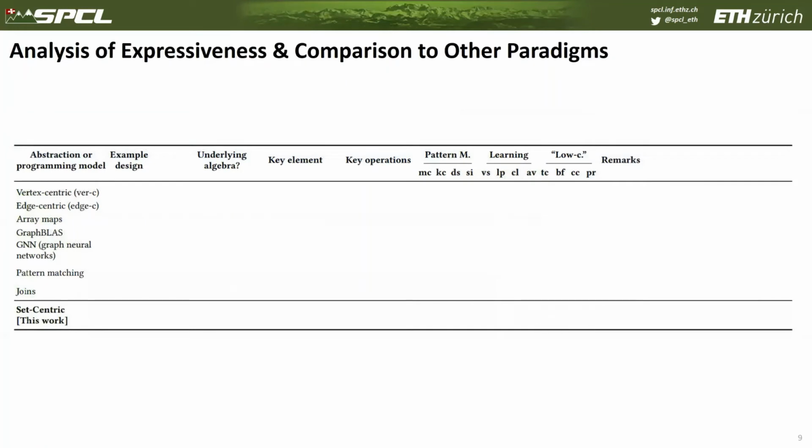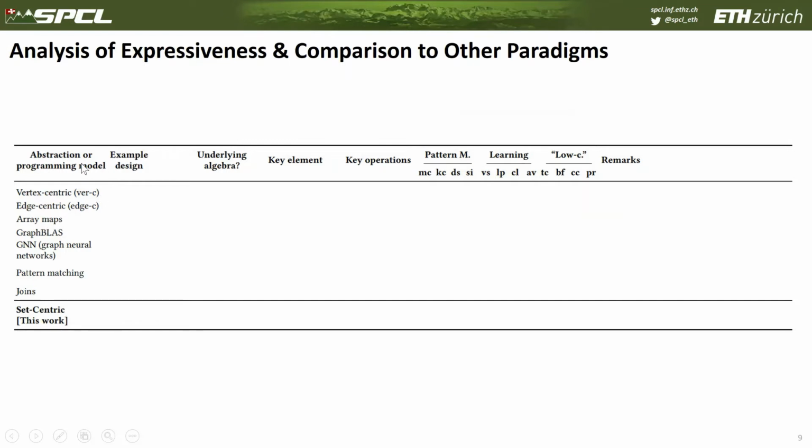We analyze the expressiveness of our set algebra based paradigm, comparing it to other paradigms. In this table, you can see a couple of different things. In the leftmost column, you can see different abstractions or programming models for graph analytics. We compared the set-centric paradigm to the vertex-centric paradigm, to the edge-centric paradigm, and to other popular abstractions used for programming graph algorithms.